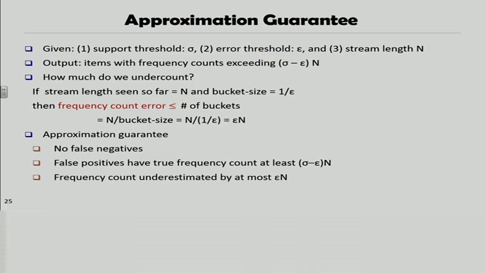Because the red one, the first time it came, it's already on the stack. Every time a bucket comes, red is reduced by 1, red reduced by 1. So the worst case is the number of buckets. Now you can see the number of buckets is your worst case, and we count what it is. The worst case is n, the whole length of your stream, divided by the bucket size.